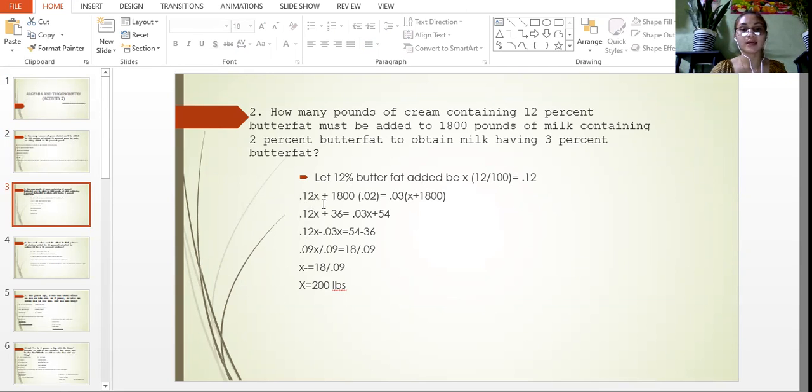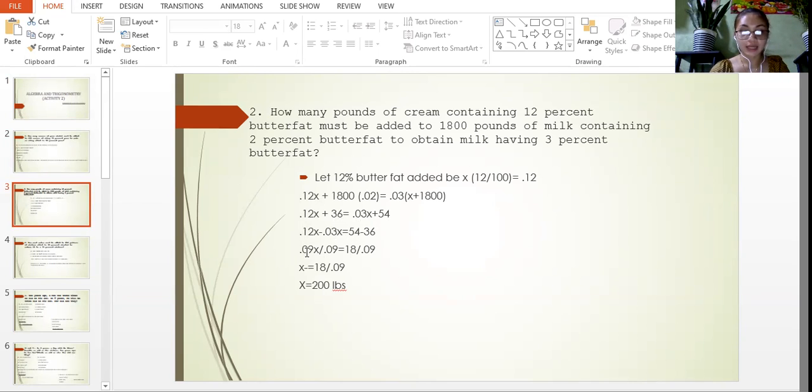So 0.12x plus 1,800 times the quantity of 0.02 is equal to 0.03 times the quantity of x plus 1,800. So 0.12x plus 36 is equal to 0.03x plus 54.